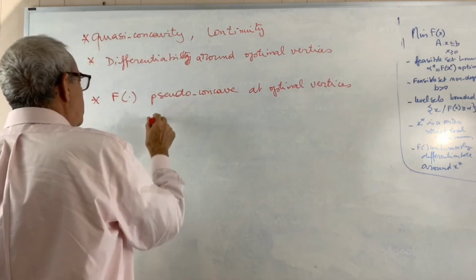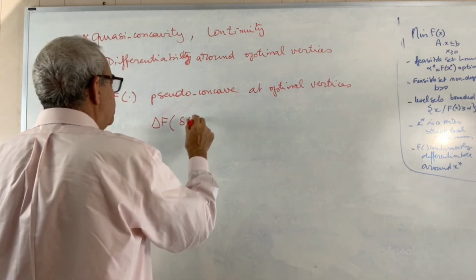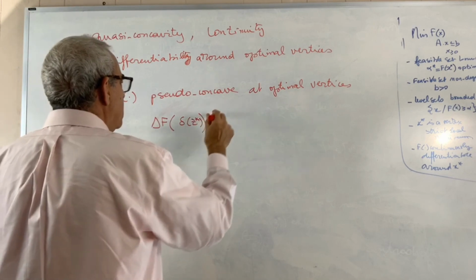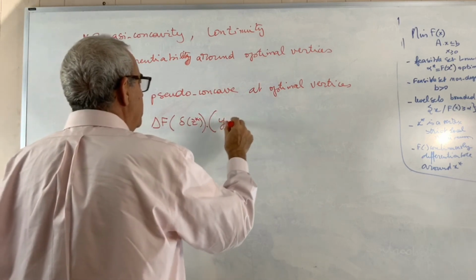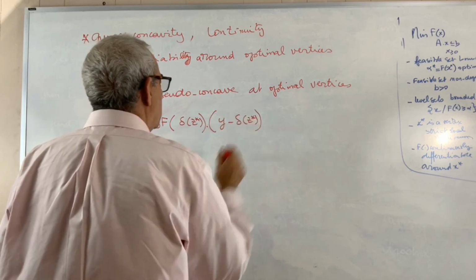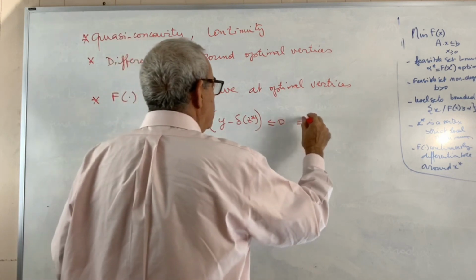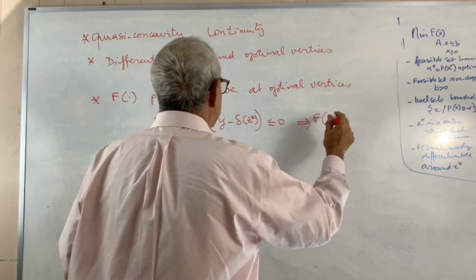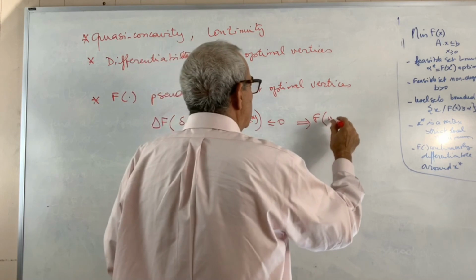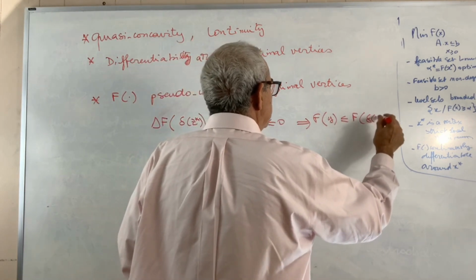That is, gradient of F at Z star times y minus Z star, if this is less or equal to 0, that implies F of y is less or equal to F of Z star.